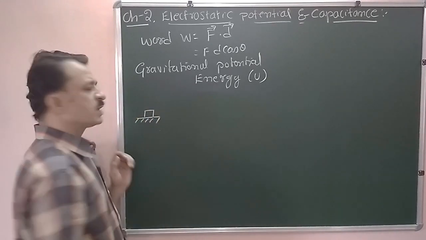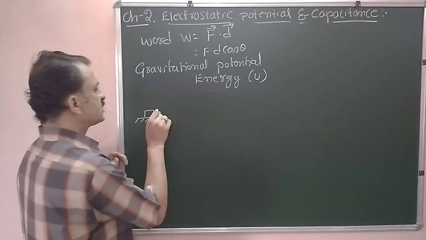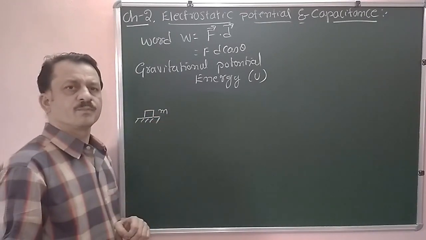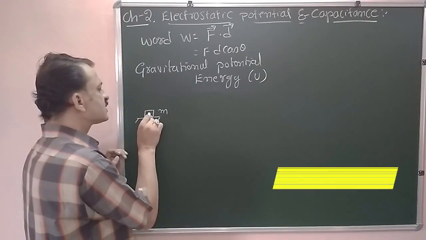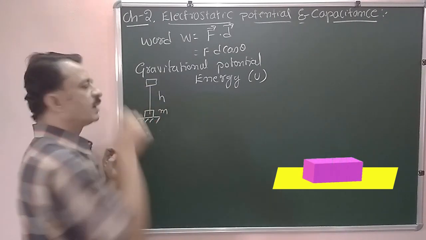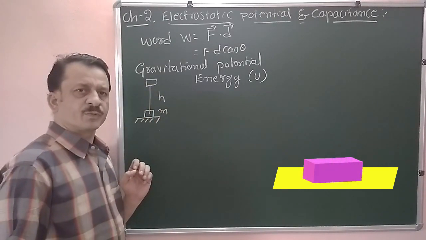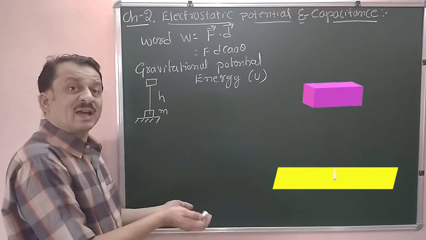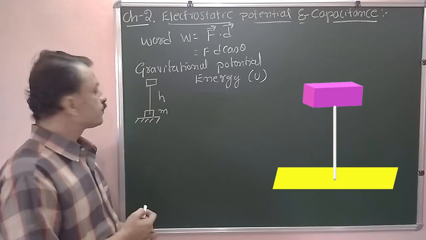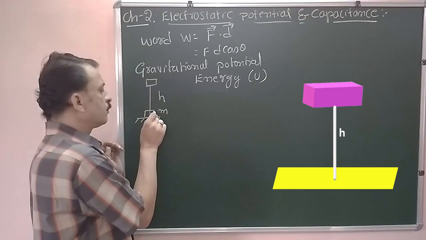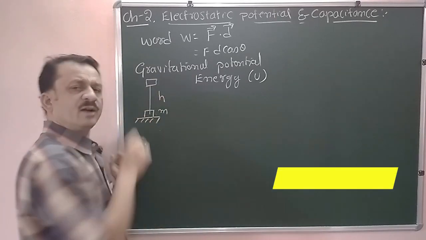Here we have an object on the surface of the earth, that is ground, having mass m. Now I am going to lift this mass to a particular height h. What I have to do? I have to apply an external force in order to lift this mass from ground to the certain height h.